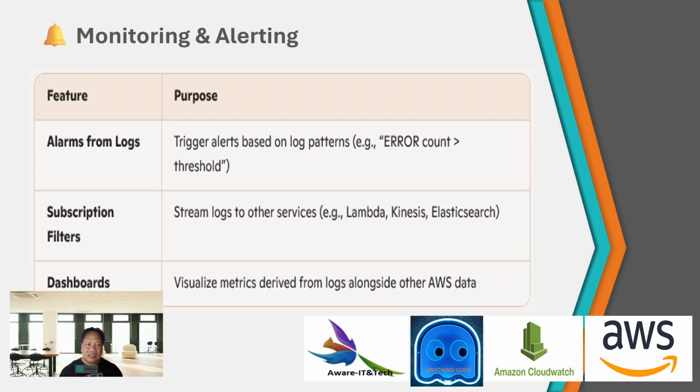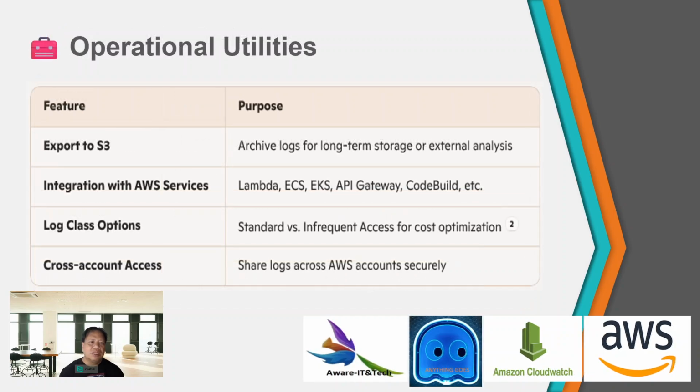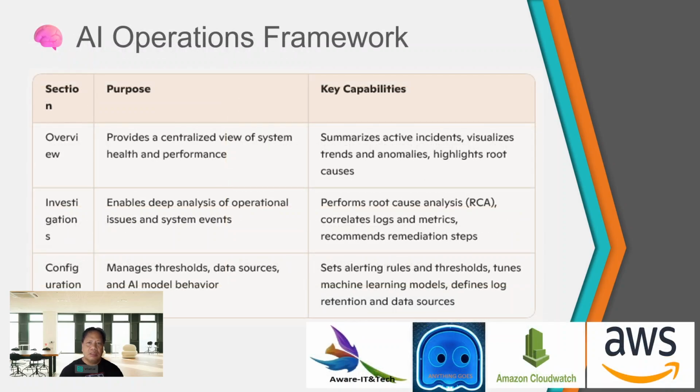Alarms from logs and subscription filters, and there's a dashboard that we can make use of. And then for operational utilities, we can export to S3 for longer retention and archival. We can integrate it with Lambda and other AWS services to trigger auto remediation. And then we have the log class option, and we have cross-account access. And then there's also AI where you can ask natural language questions and make use of your log data.